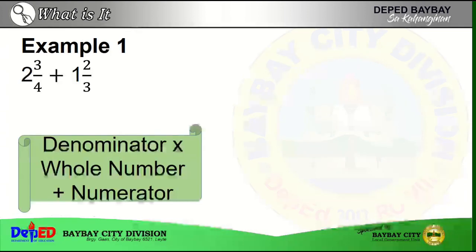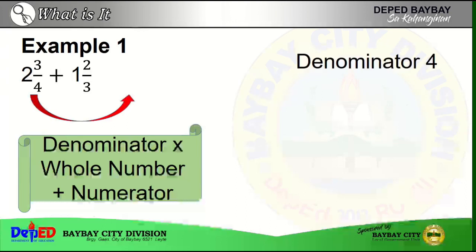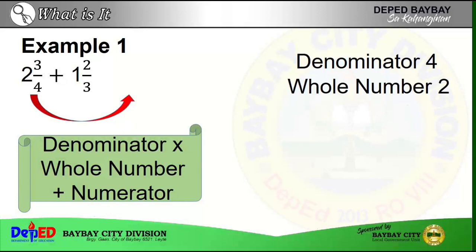So, first step, we will change each mixed number into an improper fraction by using this simple way. Denominator times whole number plus numerator. For 2 and 3/4, our denominator is 4. Whole number is 2. Numerator is 3.